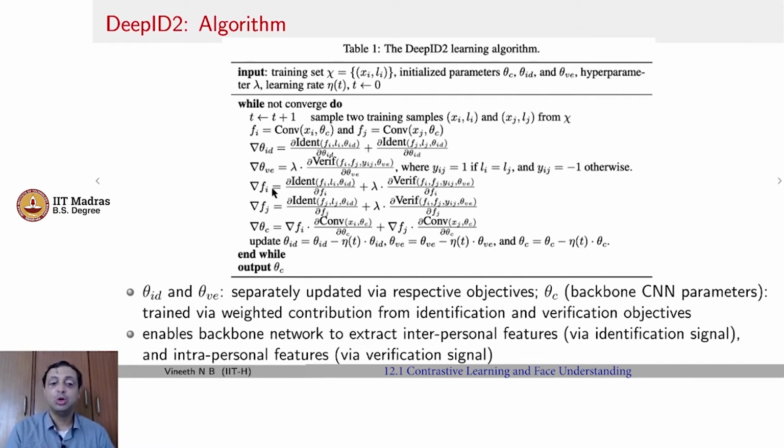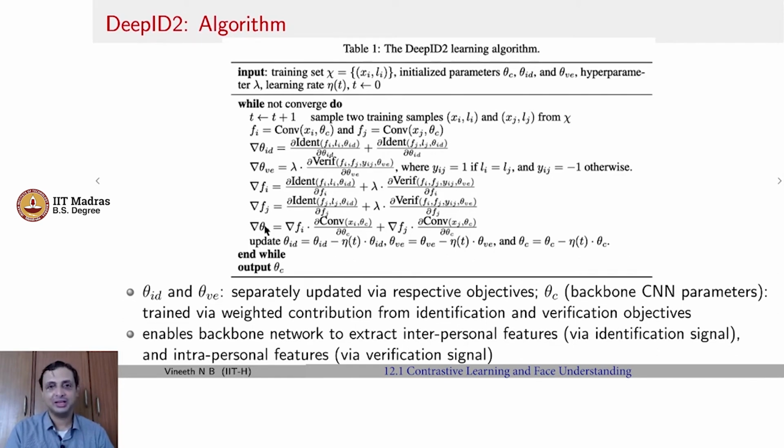Then similarly, ∂L/∂Fi and ∂L/∂Fj are given by, remember, the gradients with respect to the embeddings Fi and Fj, which are outputs of the CNN, given by ∂identification plus ∂verification for Fi, and similarly for Fj.